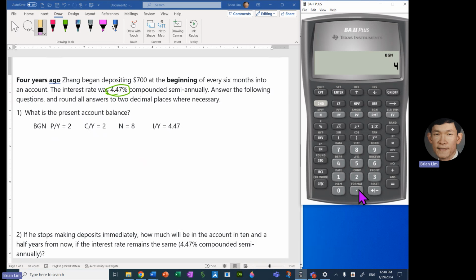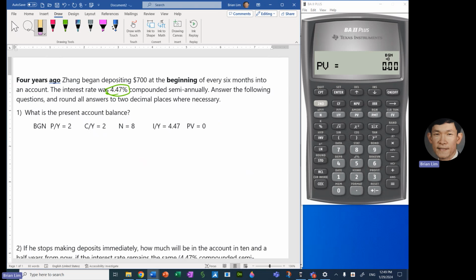So we proceed to enter it on the calculator, 4.47 for IY. Now present value will be 0 because it's just being started. So present value is equal to 0. We enter that 0 for the present value. Now, what's the payment?